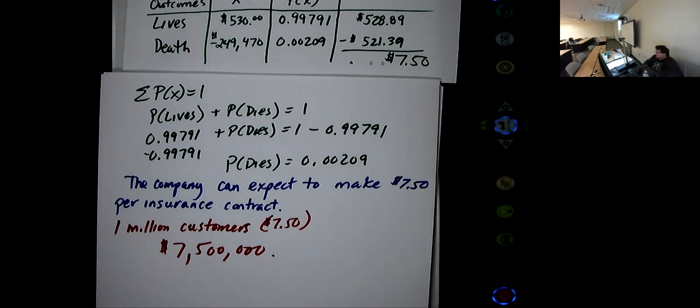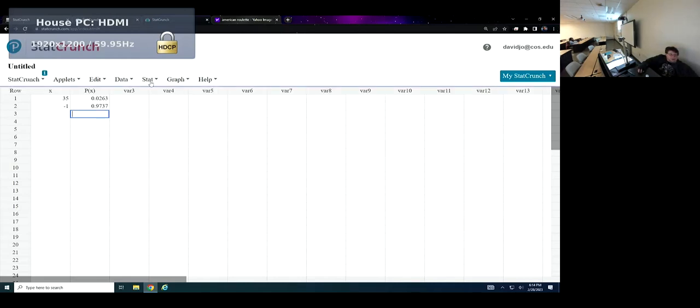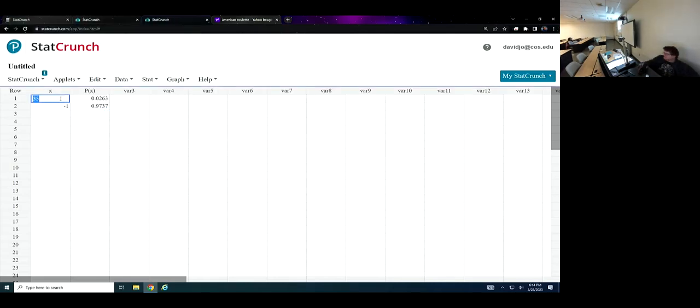And I'm going to come over here and edit StatCrunch. If everyone's ready, we'll take a look at it over here. Rather than making new columns, I'm just going to use the old columns, but I'll put in the information we had. We had 530 as one of the values, and negative 249470. Don't use commas. StatCrunch doesn't like commas, neither does MATLAB.